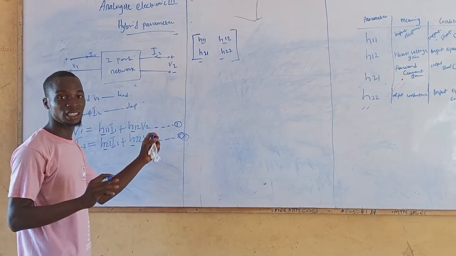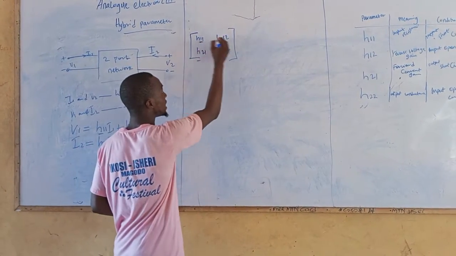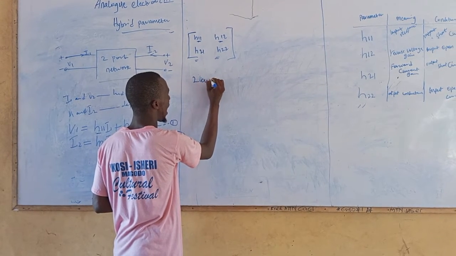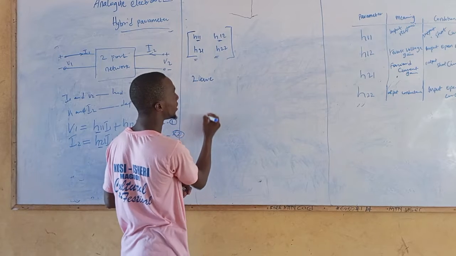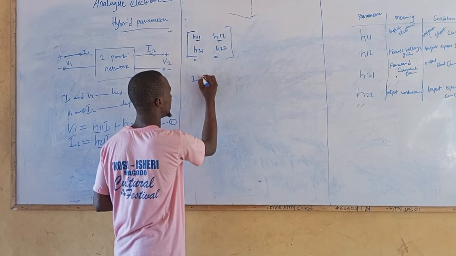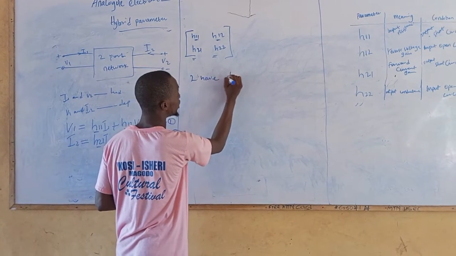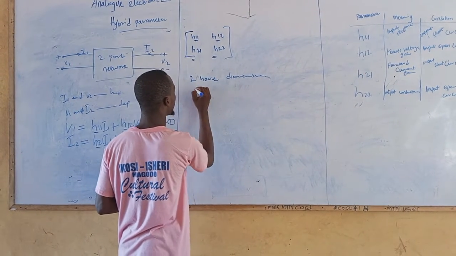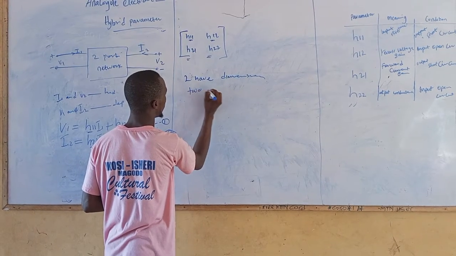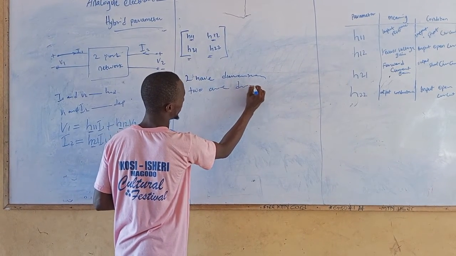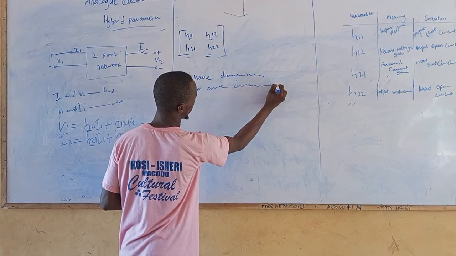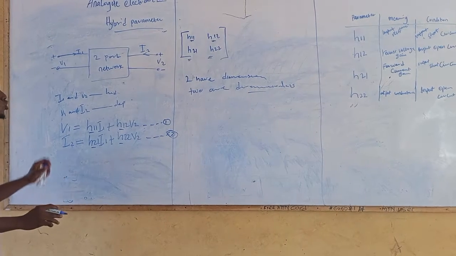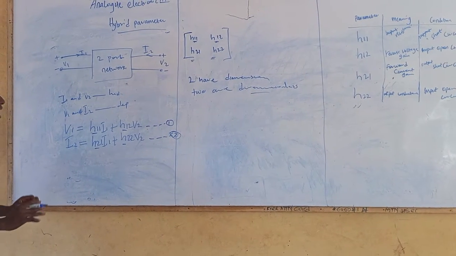In H parameters, two of these have units, and two are dimensionless. Are we getting it? Two have units, while two are dimensionless.